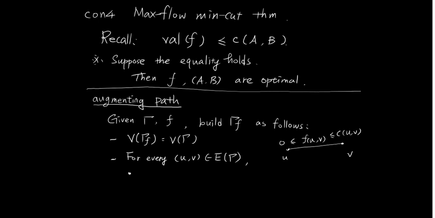So we'll do the following. If f is less than c, by less, I mean strictly less than c, then we add an edge, we add this direction to gamma f, with the weight as the difference.